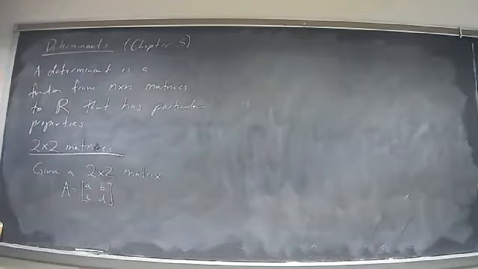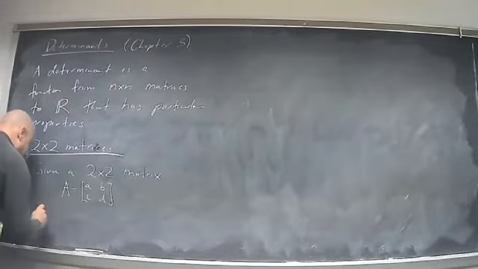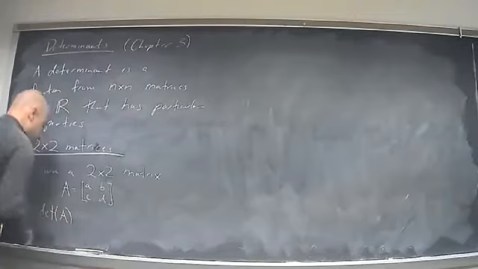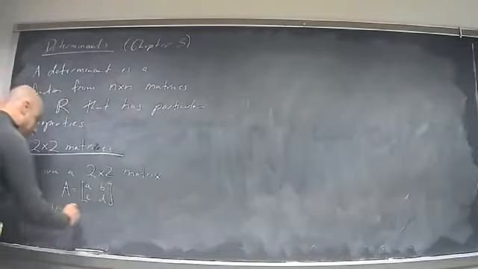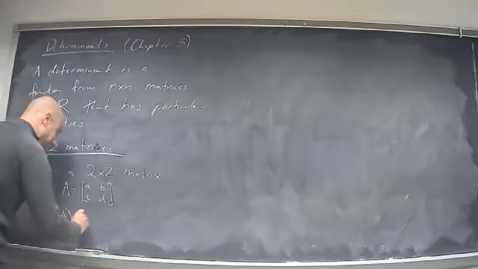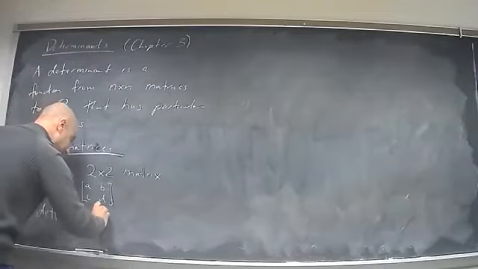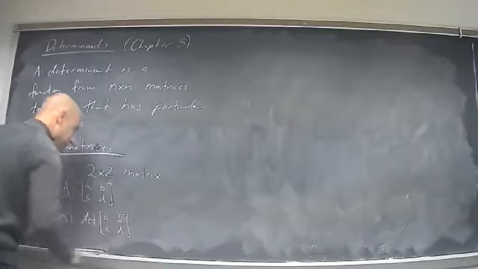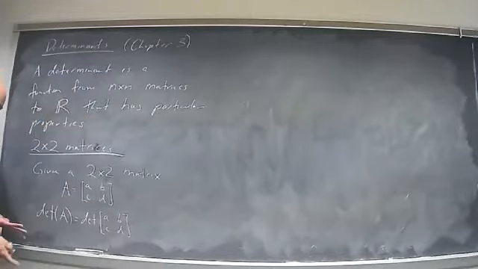The upper left-hand corner is little a, the upper right-hand corner is little b, and so on. The determinant of A, so I could write this as the determinant of A, I could write it like that. I could write the determinant of a, b, c, d, since that's the same as A.